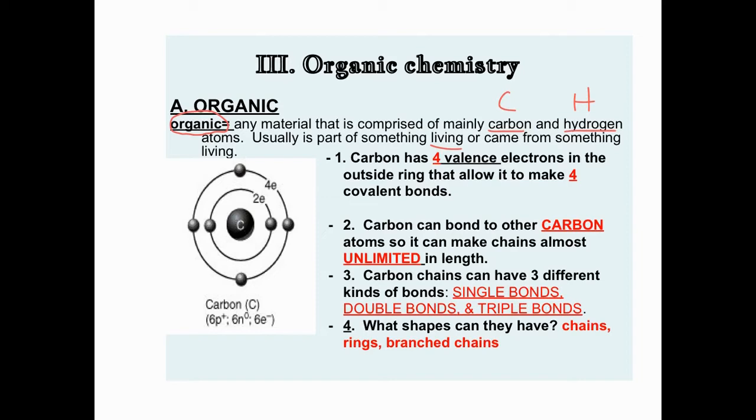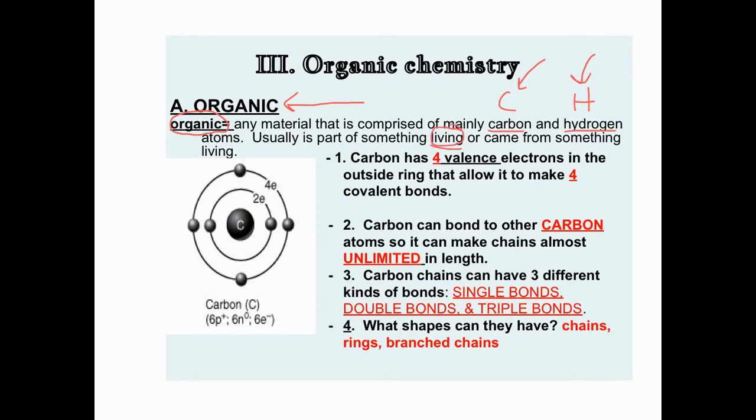So if you have a cow and the cow goes to the bathroom on the ground, that can be used as fertilizer. That would be organic fertilizer because it has a lot of carbon in it, has a lot of hydrogen in it, also has nitrogen, but it came from something living. So that's what organic is.